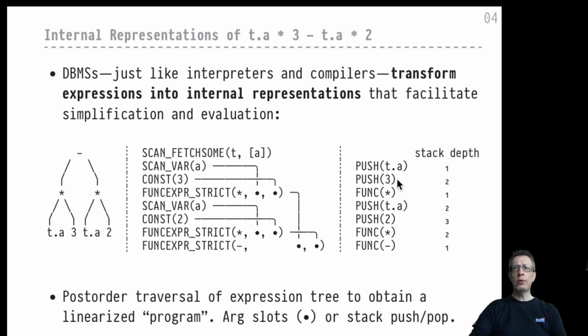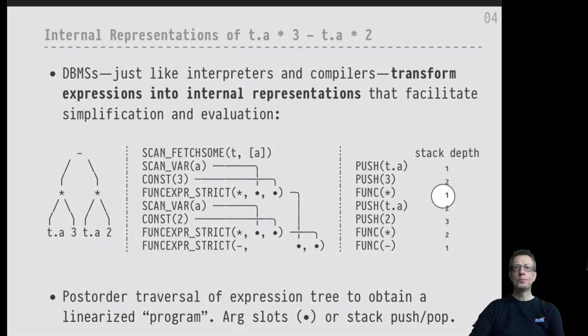We would push the 3 onto the stack, which would now hold 2 elements. And this is all we need to perform the binary multiplication operator, which would consume 2 arguments and then place one multiplication result on the stack, leading to a stack that contains only one multiplication result.